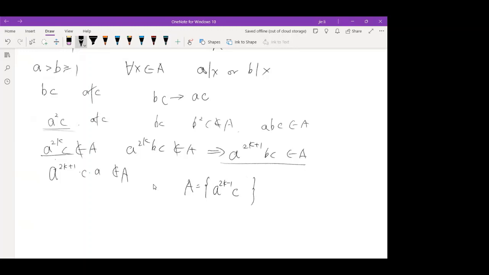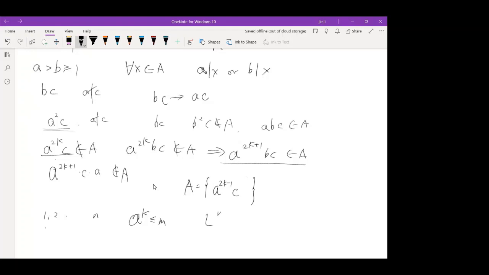So once you figure out this one, then how many elements are in this? That's pretty easy. You're just using this PIE to calculate. Suppose the numbers are from 1 to m, and this k is the largest such that ak is less than or equal to m.